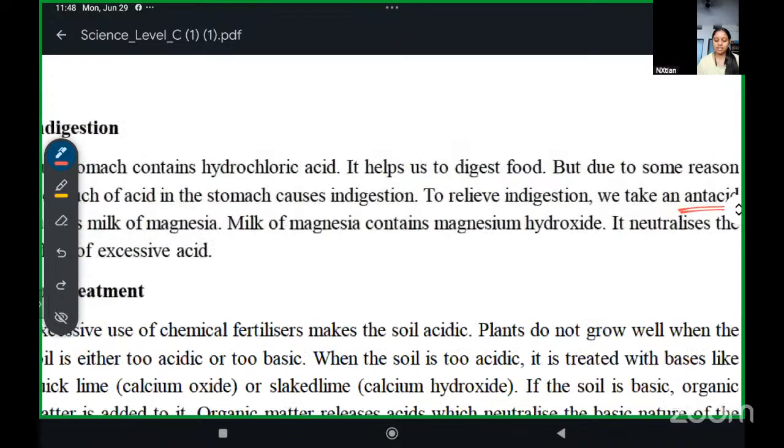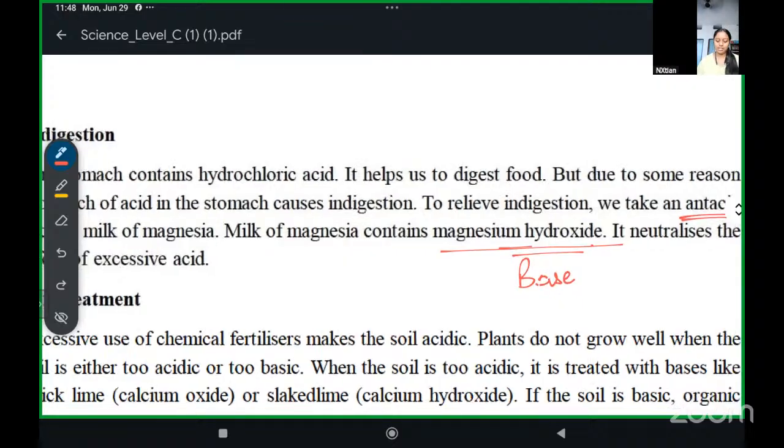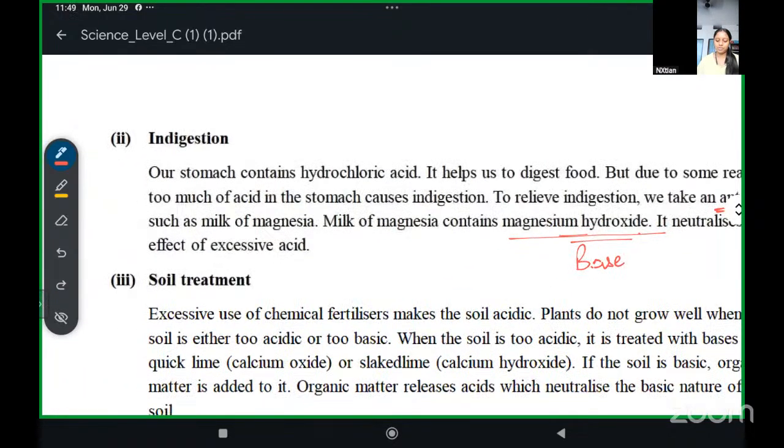This milk of magnesia contains a substance called magnesium hydroxide, which is basic in nature. It neutralizes the effect of excessive acid and relieves our indigestion.